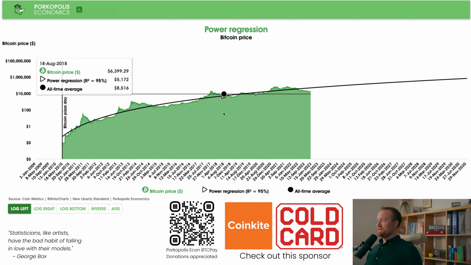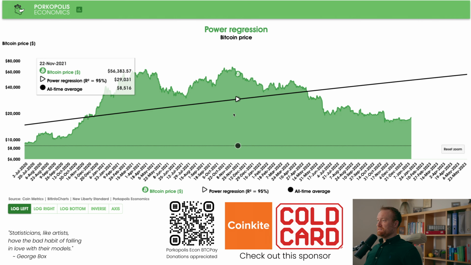And let's reset again. Smallish crypto winter here, 2018, 2019, and then it rises above after another COVID puke, and then rises back above the curve in 2021 to where it gets today, where it has fallen back again. And so, indeed, Bitcoin's price is certainly more volatile than gold.